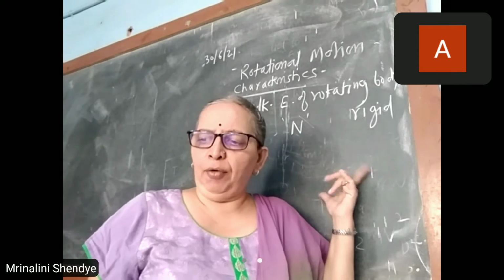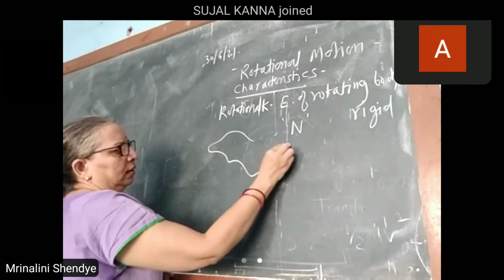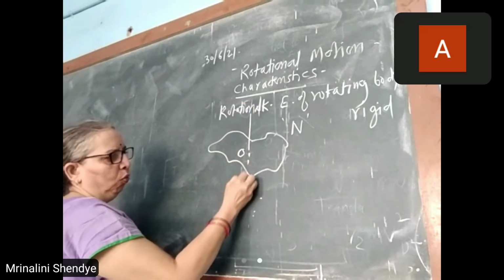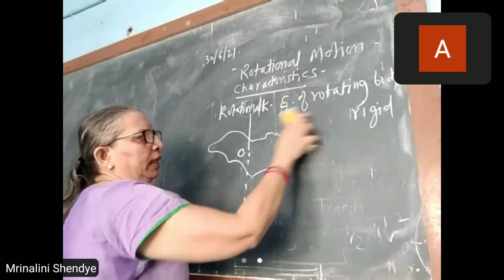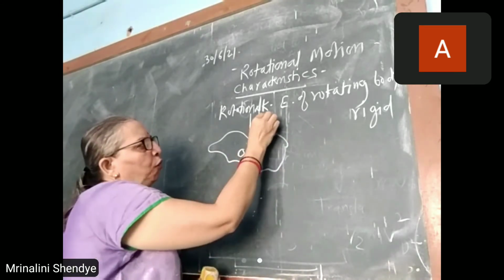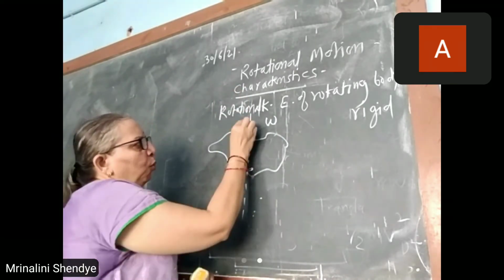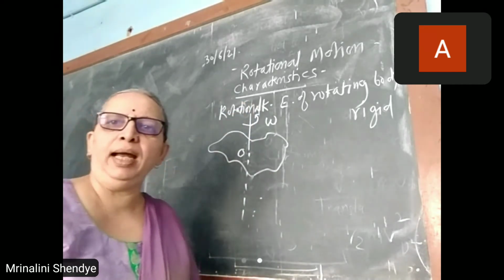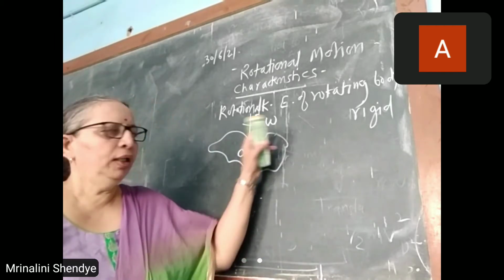We assume it is rotating about an axis. Suppose that axis passes through point A. And we assume it is rotating with uniform angular velocity, for simplicity, suppose in the anti-clockwise sense, with omega.